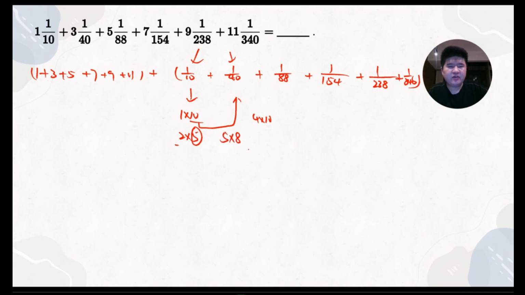Okay, and to find the difference between 2 and 5 is what? 3. And what's the difference between 4 and 8? It's 3 again. And now the 5 has been used, we need to find the 8 in the next one. 8 times what is 88? It becomes 11. 8 times 11. And double check again.